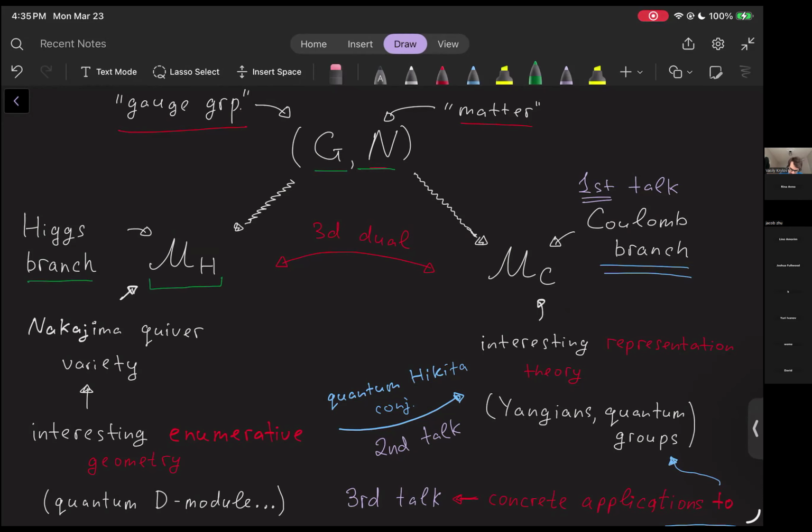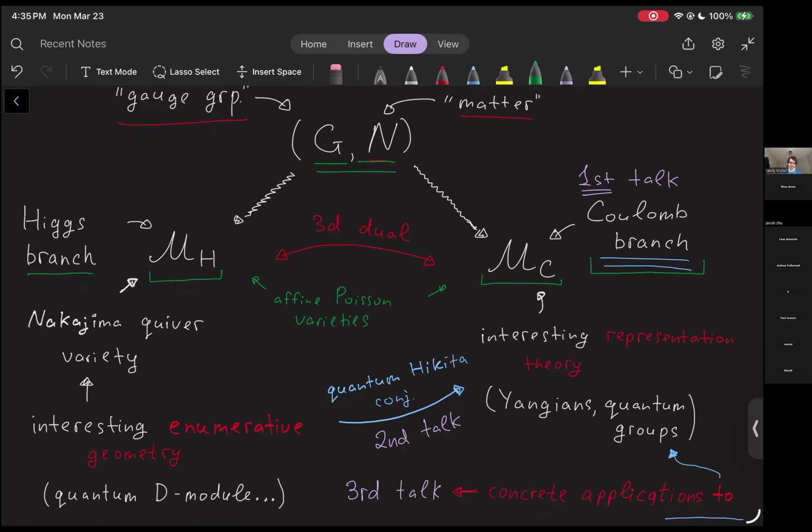The other I denote by MC, and this is the so-called Coulomb branch. I should say that both of them are affine Poisson varieties. And they are Higgs and Coulomb branches of certain theories associated to this pair G and N.